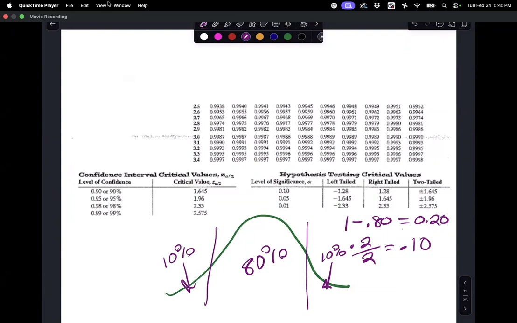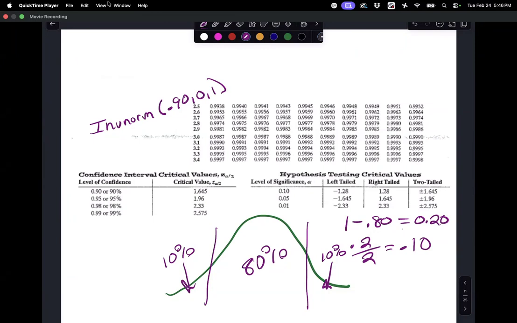So when I do inverse norm, I'm going to do inverse norm of 0.90. Because it is 10% from the top, I'm going to put 0.9 in there. If you accidentally put 0.10, it's okay as long as you change your z-score to a positive number. Our z-scores are always positive on this.